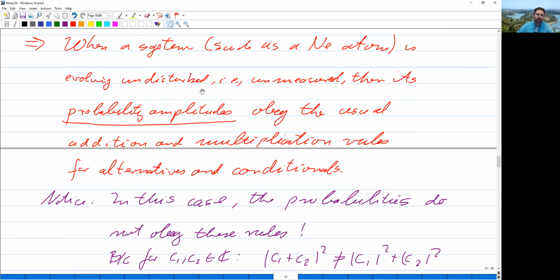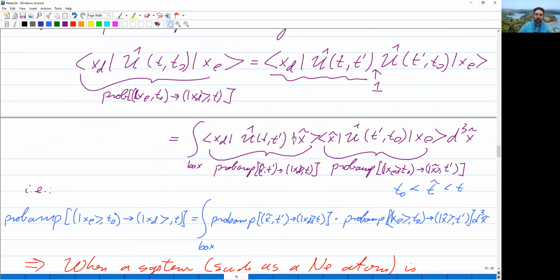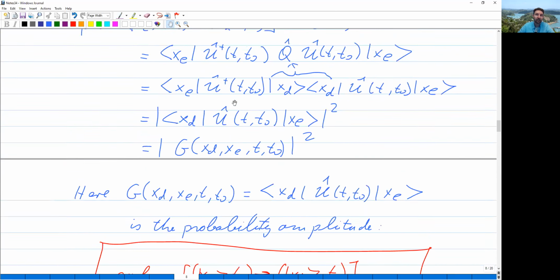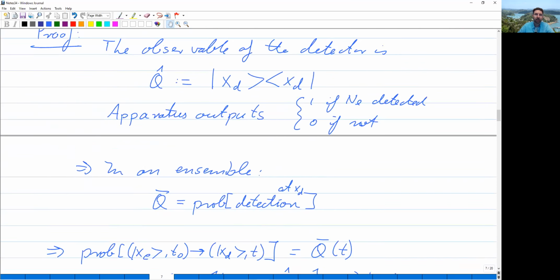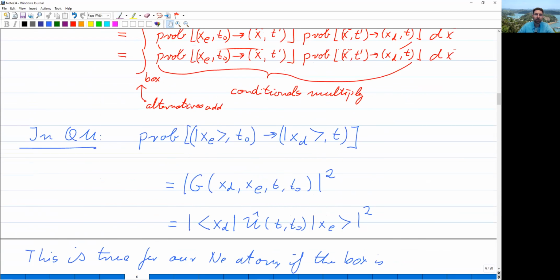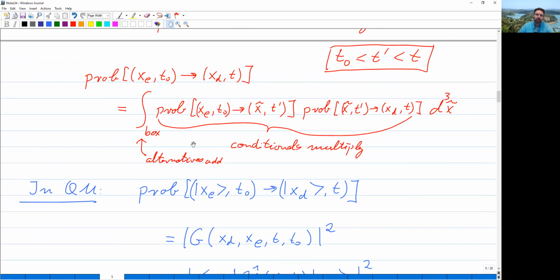Therefore, this equation here does not imply the equation above. It just doesn't, right? It doesn't imply this equation here, because here this summation doesn't commute with this squaring here.